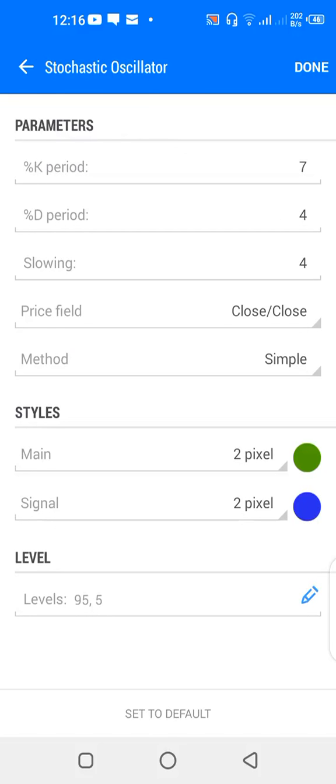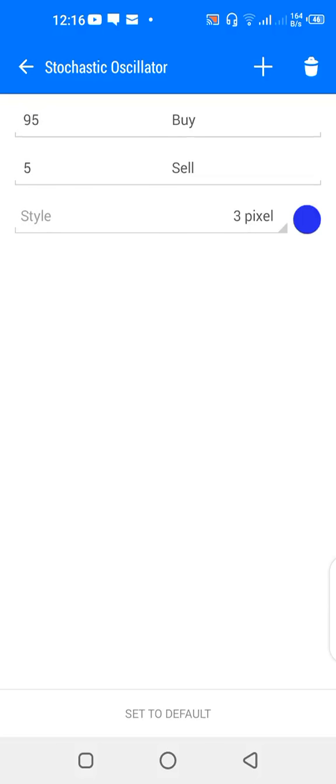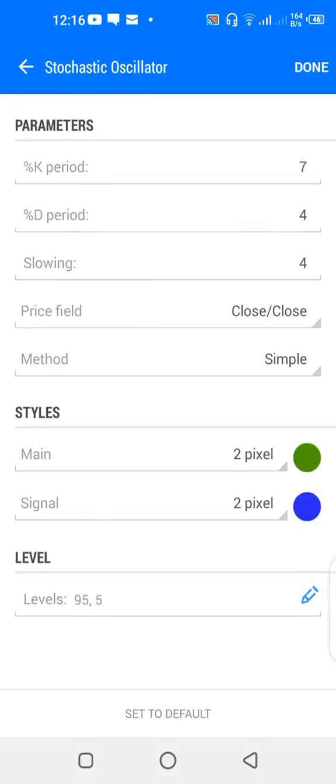The slowing parameter is 4. Price field close over close. Method is simple. The main style color is green. The signal style color is blue. The levels, we have 95 and 5.